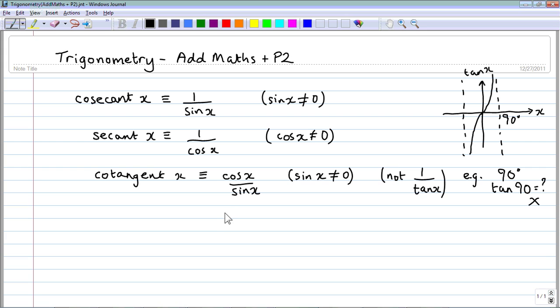However, if we look at cotangent 90 degrees, does this have any value, or is this undefined also? Well, the answer is cotangent 90 degrees is defined as 0, because cosine 90 is 0 and sine 90 is 1.